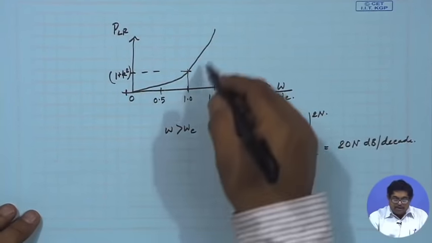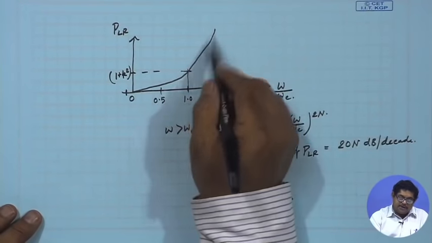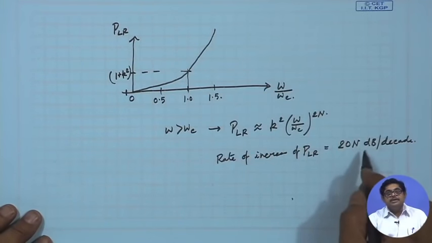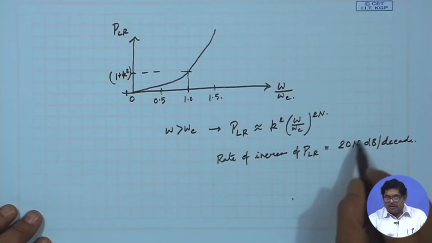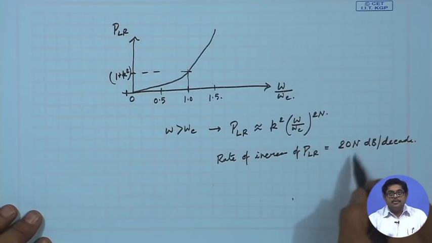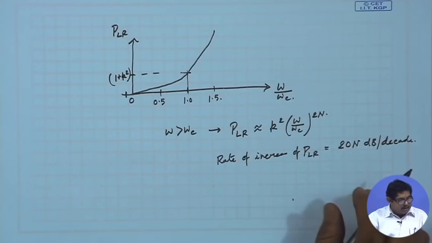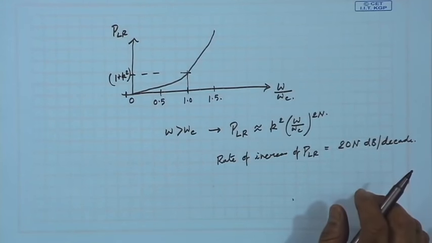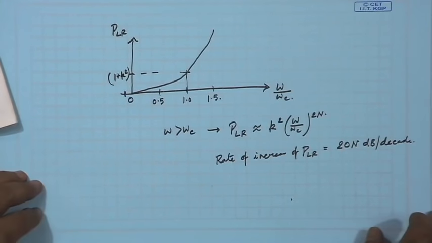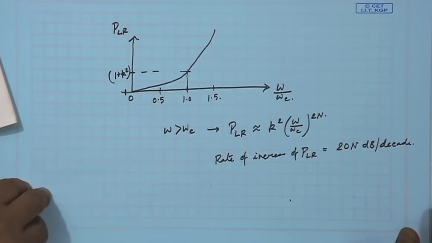So, how much you want to achieve this rate, by that you select the order of the filter. Order means you will have to find how many sections you need to put. So, third order, fourth order means you will have this.